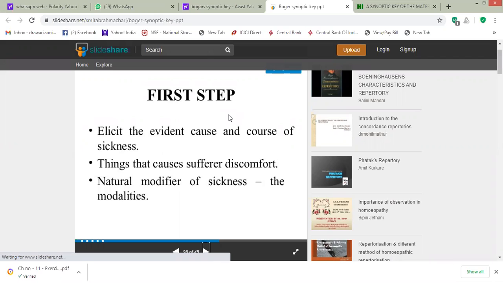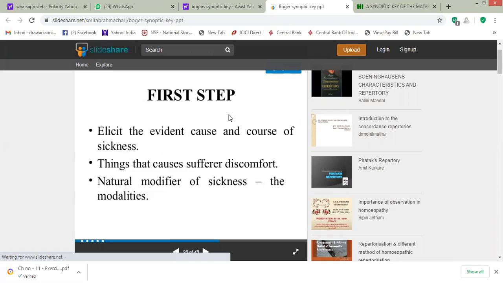Elicit the evident cause and course of sickness. First, we have to find out what may be the evident cause and what is the course of sickness. Then the things which cause discomfort to the sufferer, the natural modifiers of sickness, the modalities.